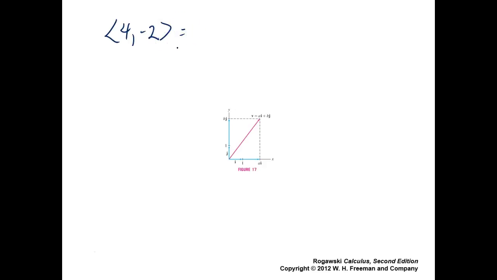Write that vector in component notation but using unit vectors. 4i minus 2j. Okay. Those are equivalent forms. This is component notation using the angle brackets. That's component notation using the unit vectors. Okay? Make sense?